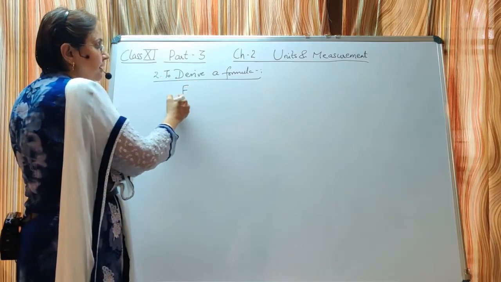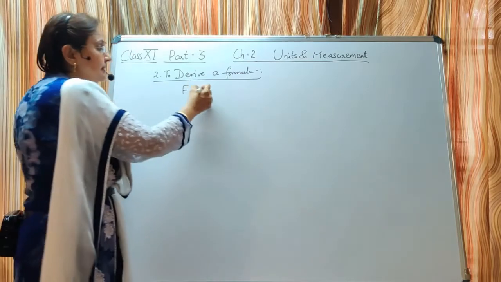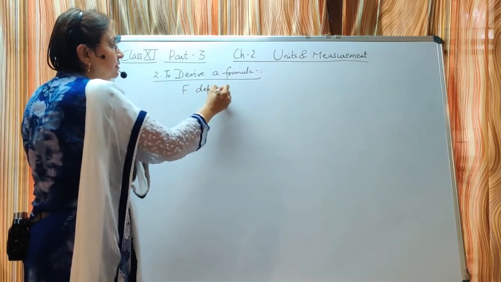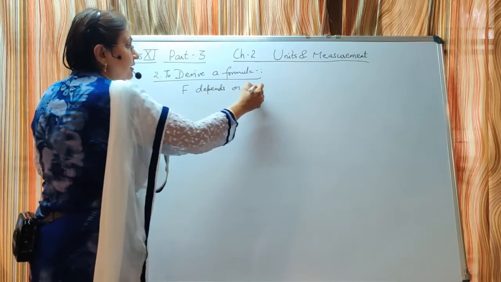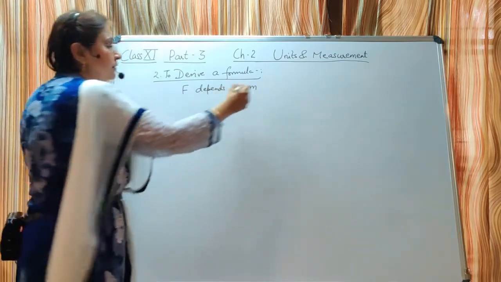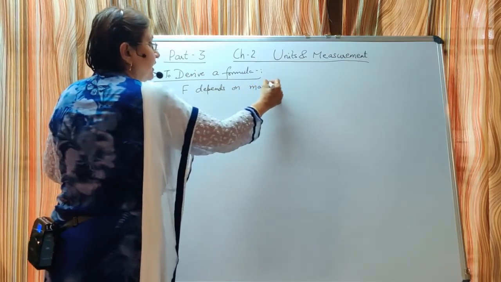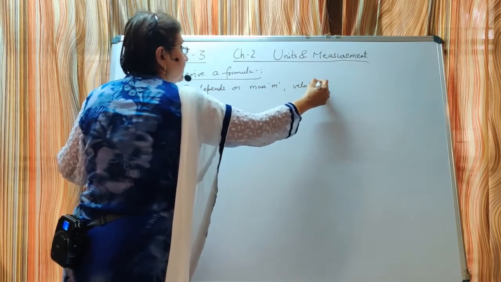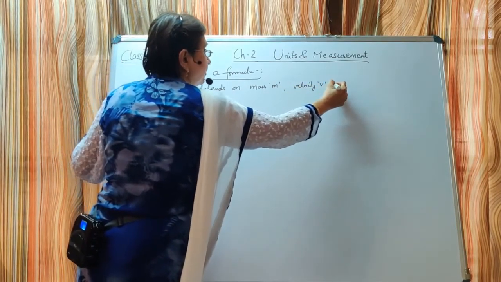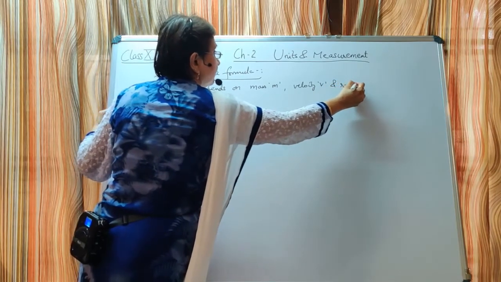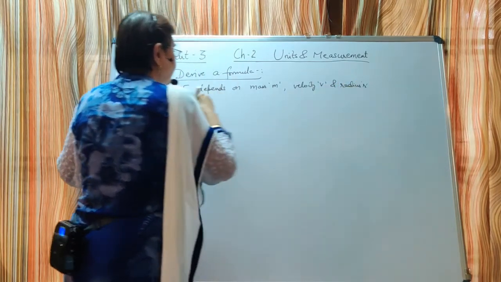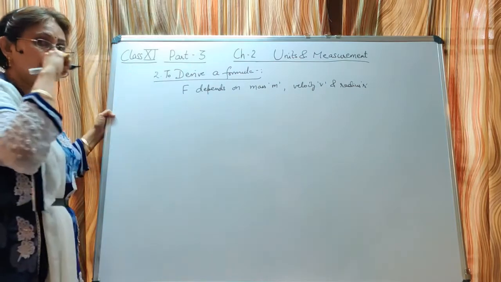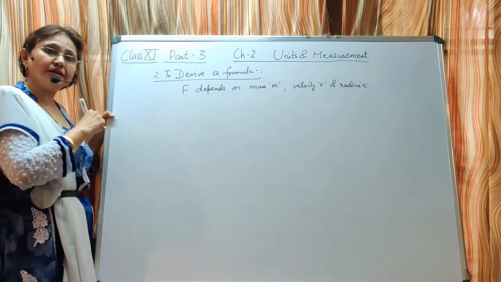Let the centripetal force F depend on mass of the particle M. Let it depend upon velocity V, and let it depend upon radius R. Now let's derive the formula of the centripetal force in terms of mass, velocity and radius.